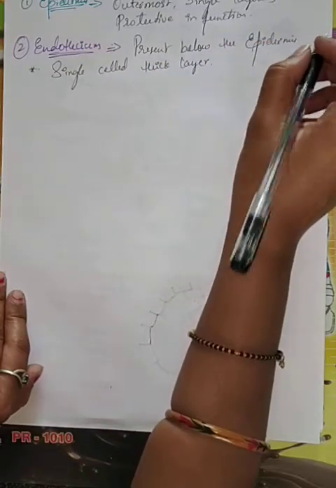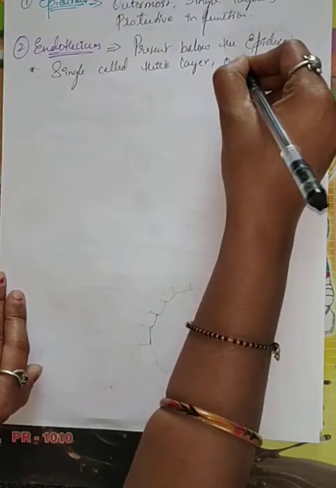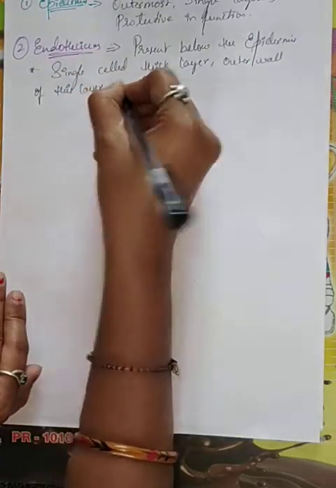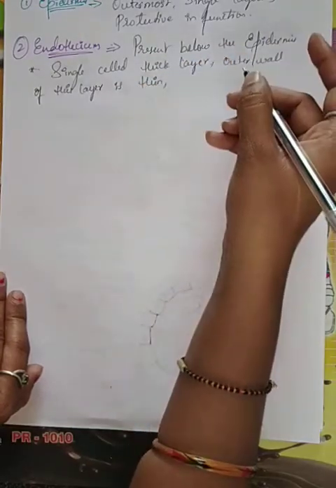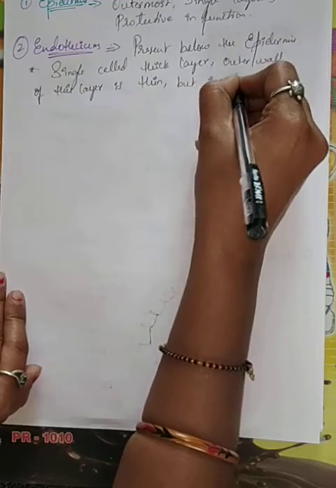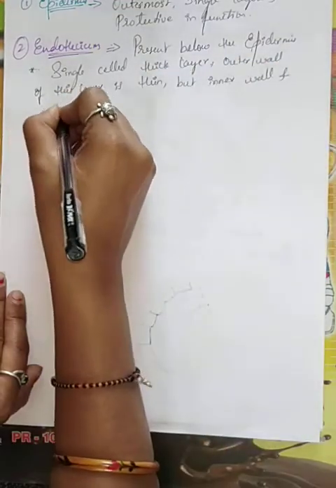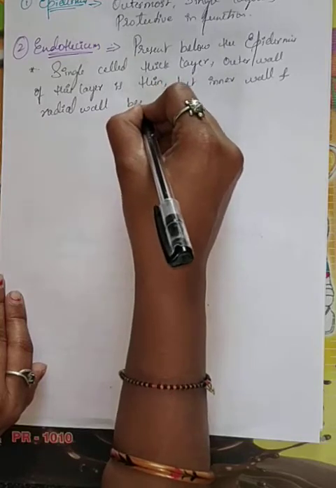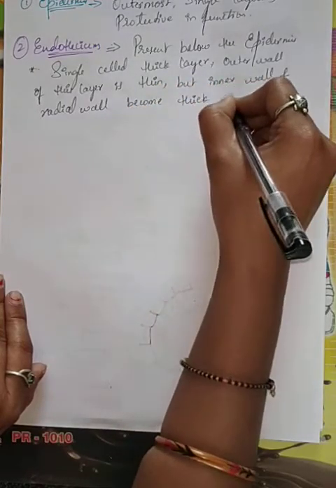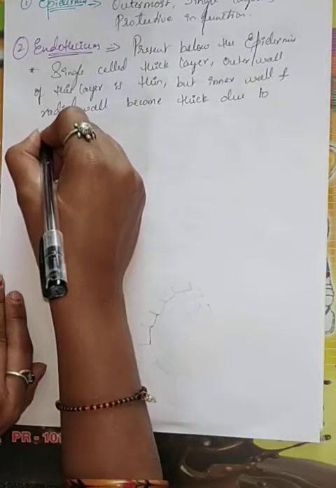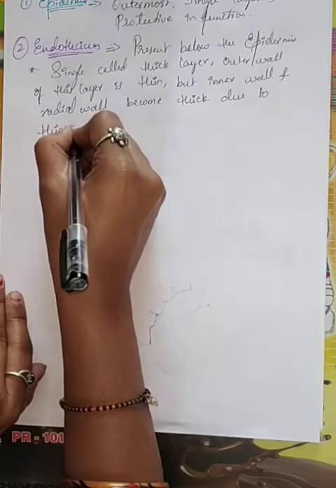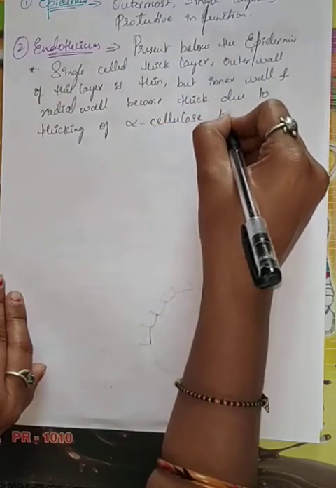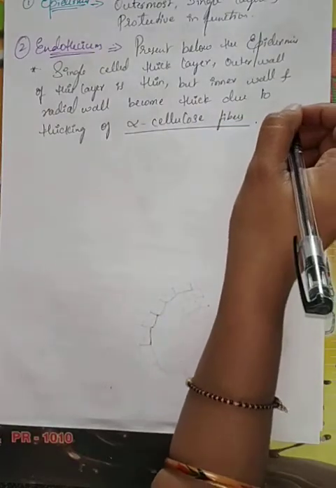The outer wall of these cells remains thin, but the inner wall and the radial walls become thick due to the deposition, or thickening, of a chemical which is called alpha cellulose fibers. Okay, underline this, alpha cellulose fibers.